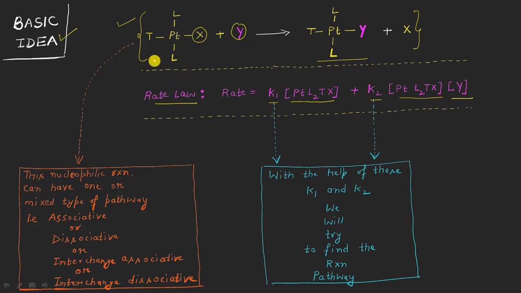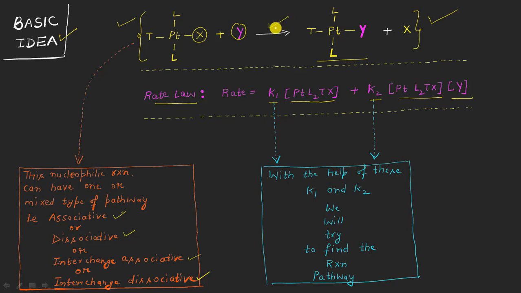What I'm trying to say is that this nucleophilic substitution can either have associative, dissociative, interchange associative or interchange dissociative kind of pathway, any one of them, or it can even have a combination of two or three different pathways. But how can we find out what kind of pathway this reaction is following?